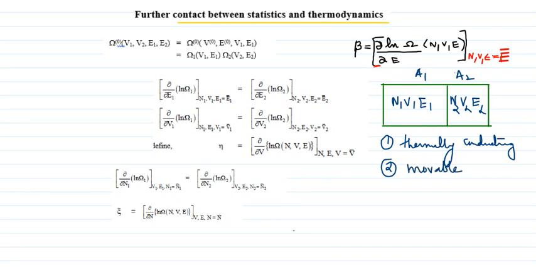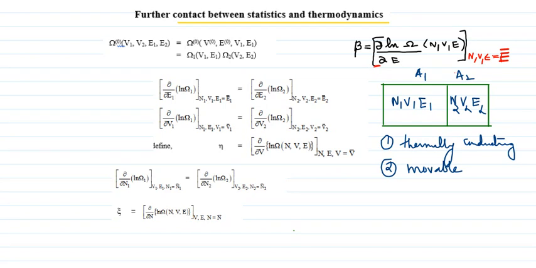The wall is not penetrable, so N1 and N2 will remain intact. But in the second case, V1 as well as E1, that is V and E, are changing.